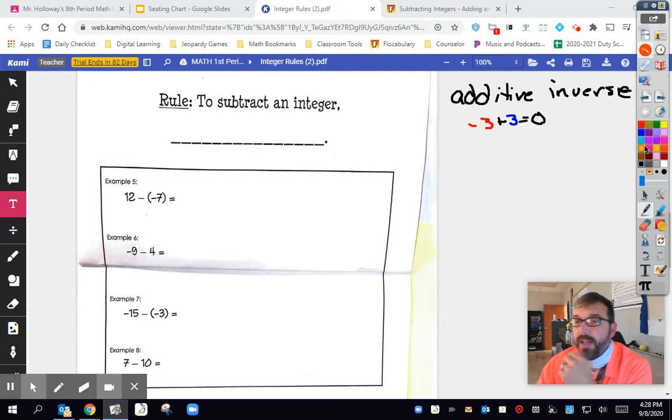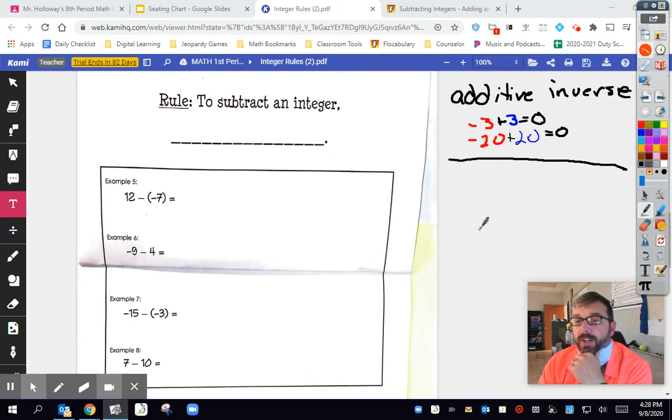If I took a -20 and I added a +20, what do I have? Well, that's 0. Those numbers are additive inverses. Okay? They are the opposite. This is very important. So that's an additive inverse.